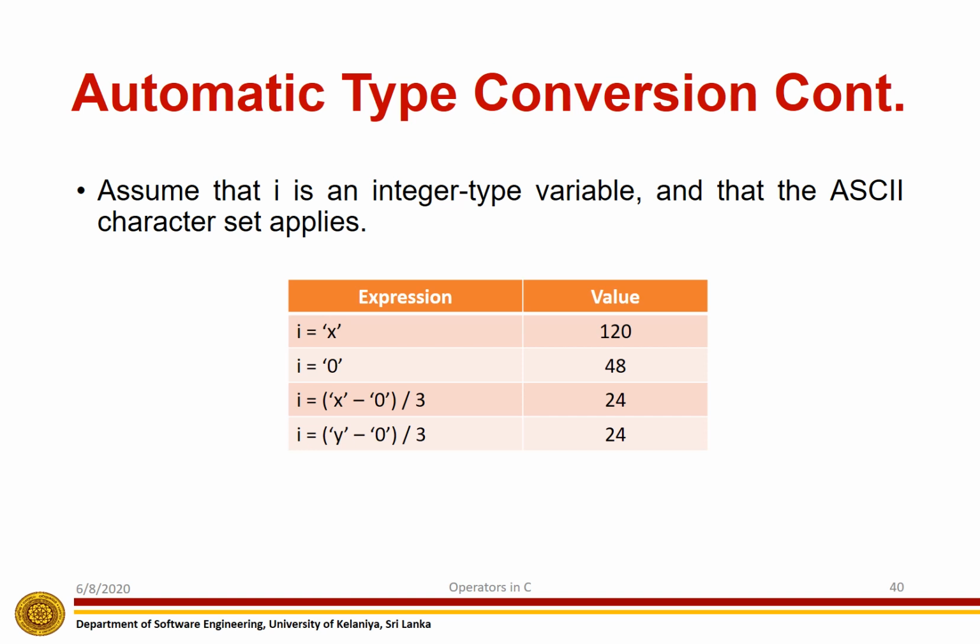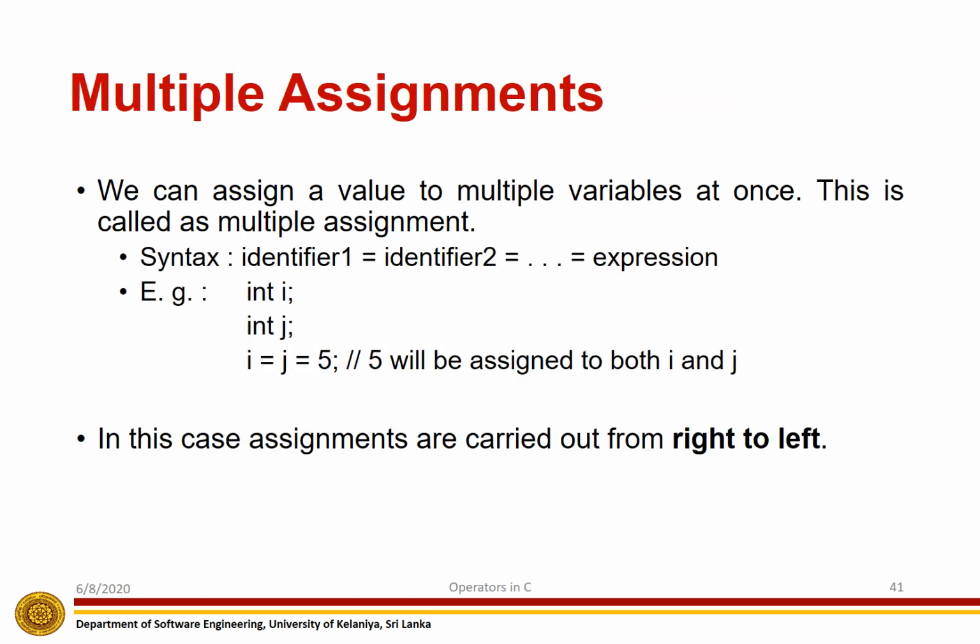From the above three examples that I have discussed, we can get the idea of how automatic type conversion is happening. The careless use of type conversions is a frequent source of error among beginning programmers. So be careful.